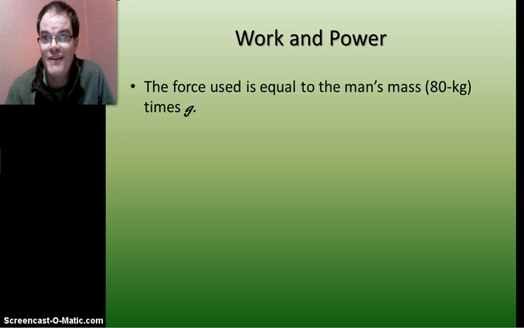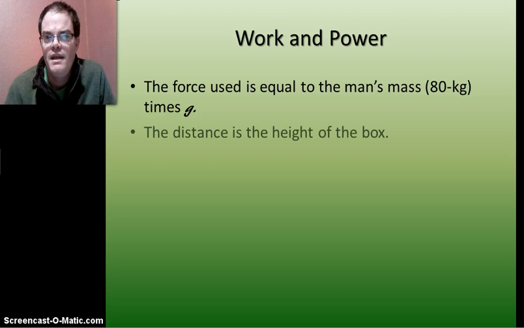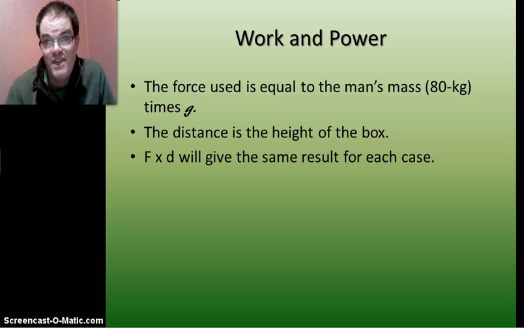It's just the guy's weight that he has to lift up, right? The distance is also the same. It's just the height of the box in each case. So the work in each case will be the same. I'm sorry, I tricked you again, maybe.